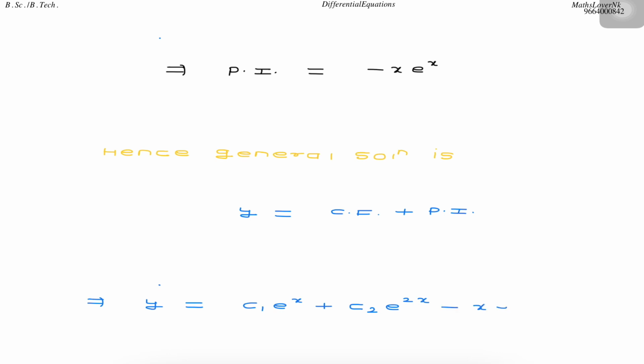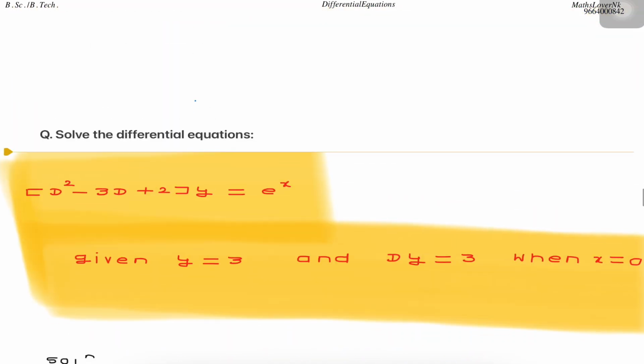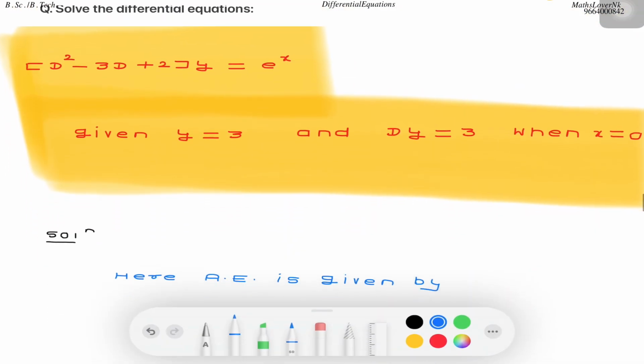Now, this is our solution, but according to given, y is equal to 3 when x is equal to 0.